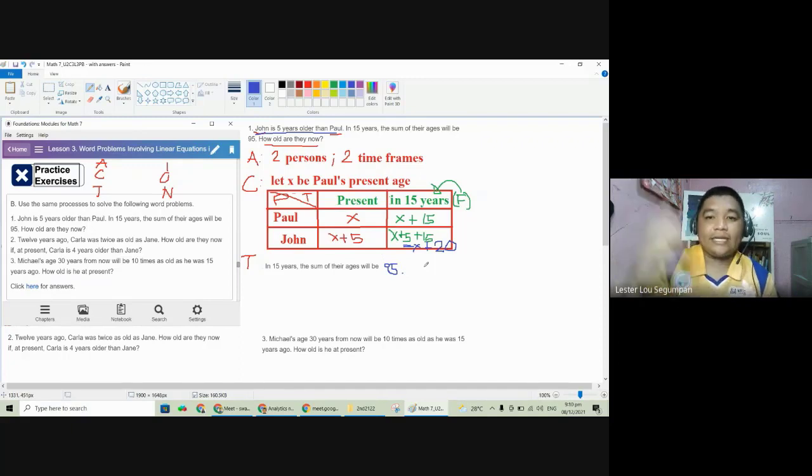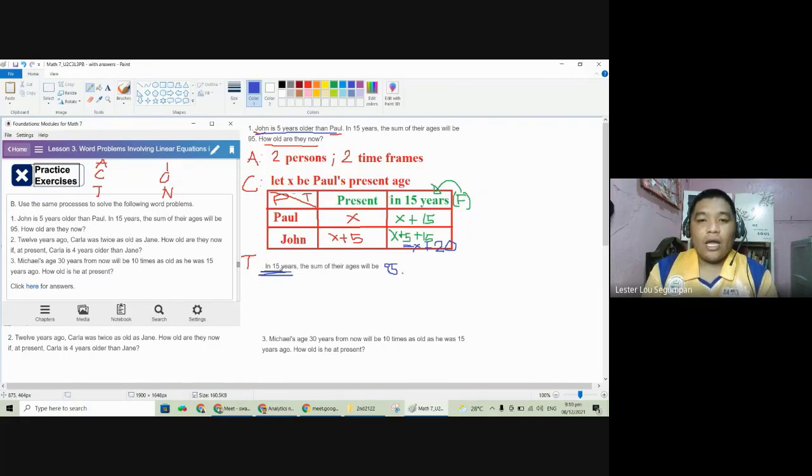And here is the critical thing. When we translate, we may not be able to use all the representations in this table, but with this table here, we could be guided on what time frame we are going to use. Now, in this situation, in 15 years, it's very clear that this statement is talking about 15 years from now. So think about what will happen to Paul and to John in 15 years.